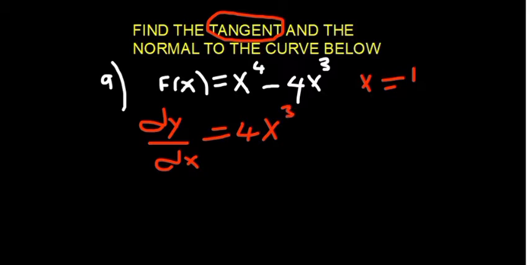Then -4 by 3 is -12, and reducing the third power by 1 gives x squared. That's our derivative.